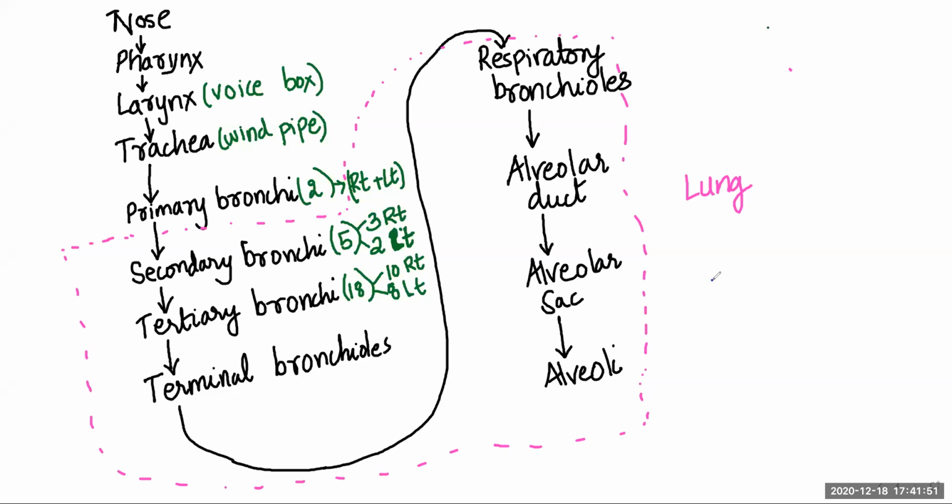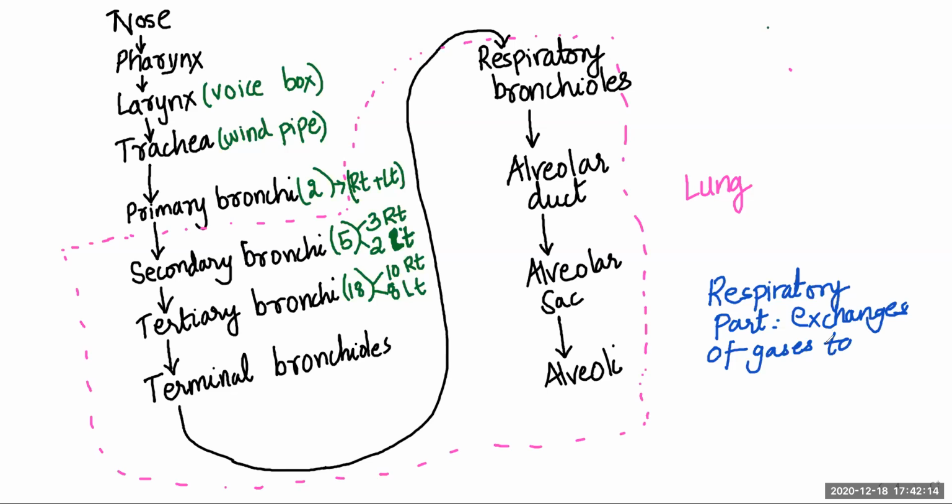So in the entire respiratory system there is a part called the respiratory part. The respiratory part is the part where exchange of gases takes place. Exchange of gases takes place only from the respiratory bronchioles.